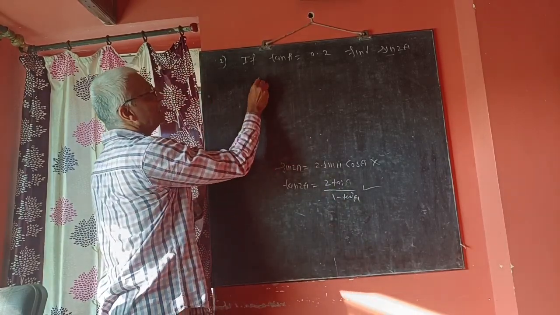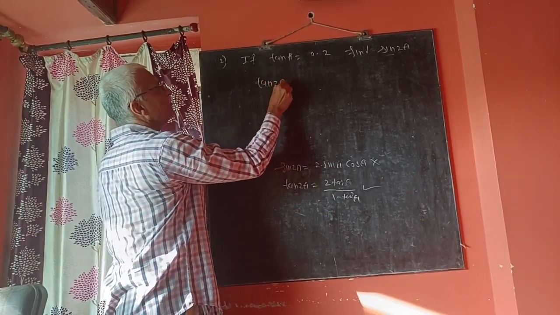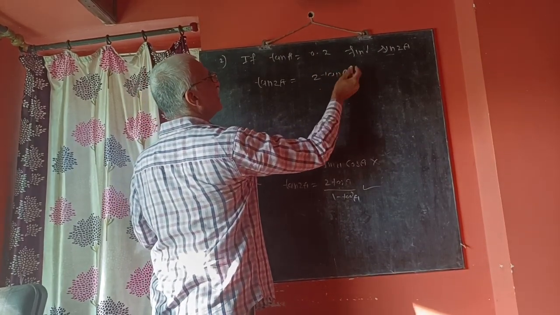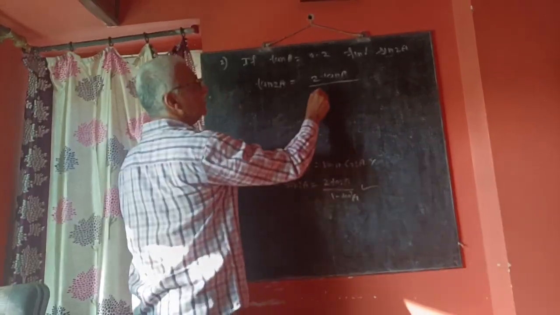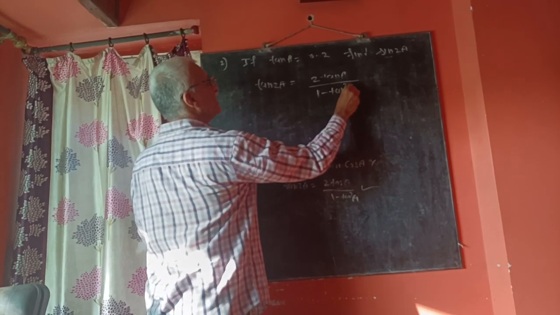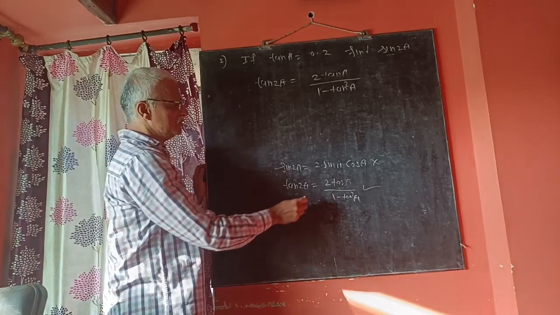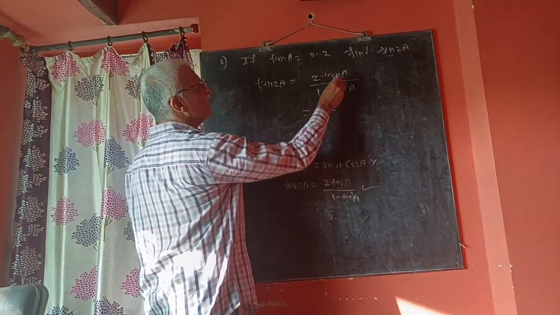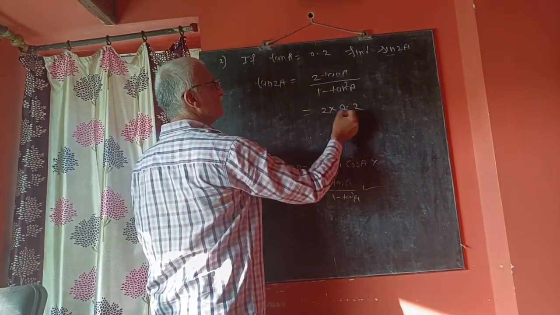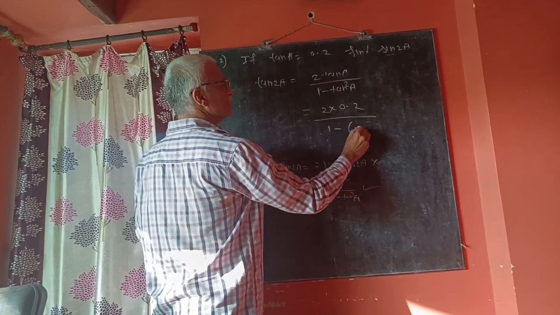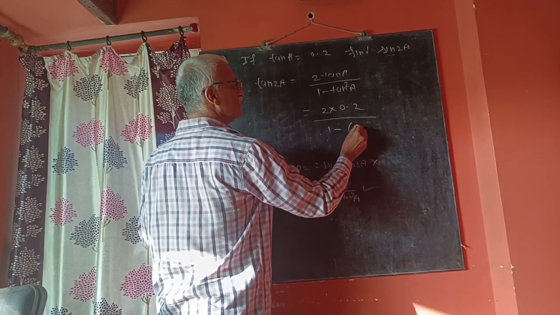So tan 2A is equal to 2 tan A divided by 1 minus tan square A. Let us substitute values. This is equal to 2 into 0.2 divided by 1 minus 0.2 the square.